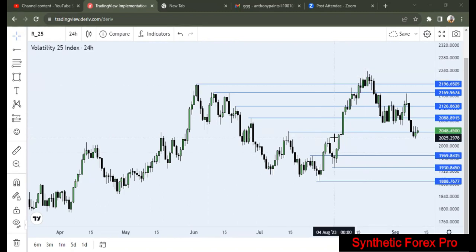When we come back, I'll add a little skin and body to the swing lows and swing highs, so that we are clearer on how to use them on the market. All right, so see you.